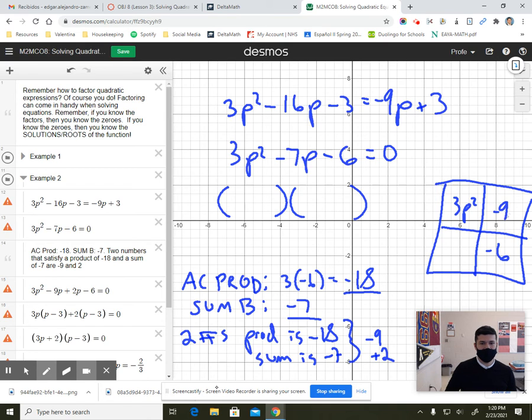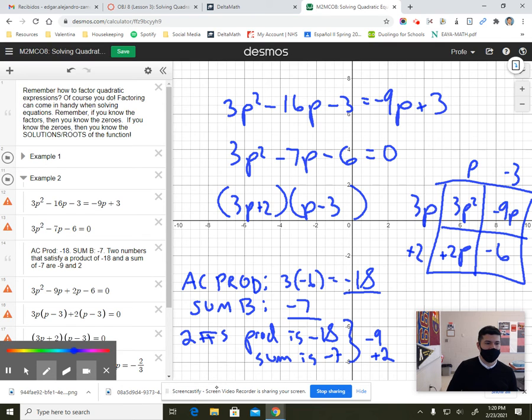So I'm going to say negative 9p, positive 2p, and let's factor. P, 3p, I'm looking for greatest common factors, and negative 3. Positive 2. 2 times negative 3, negative 6. So I've got 3p plus 2, p minus 3. All right.